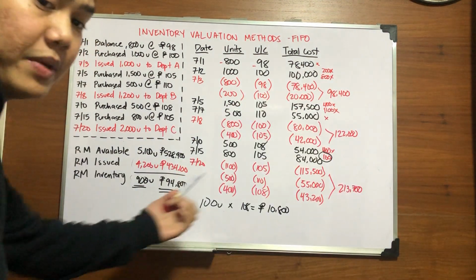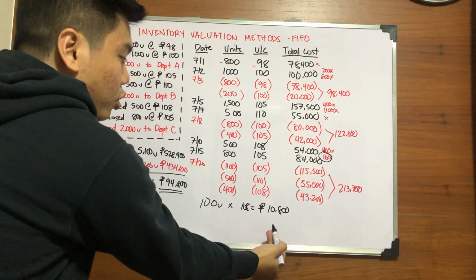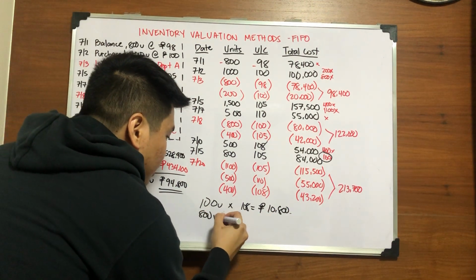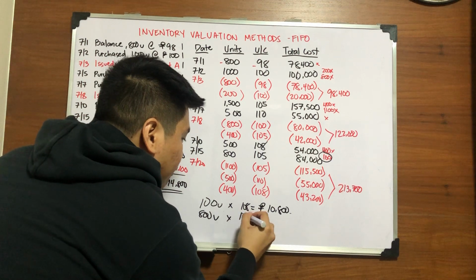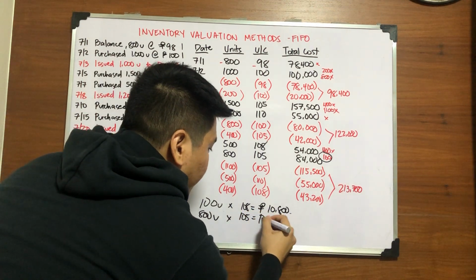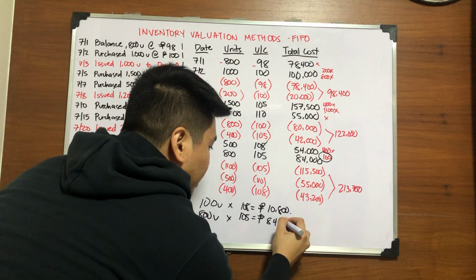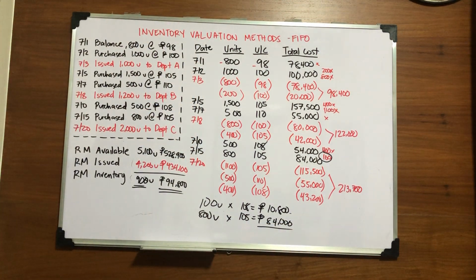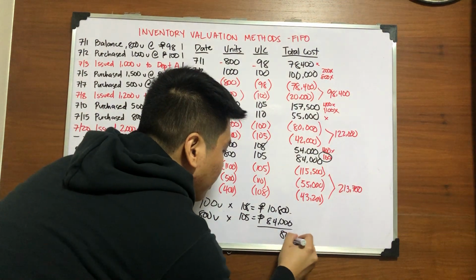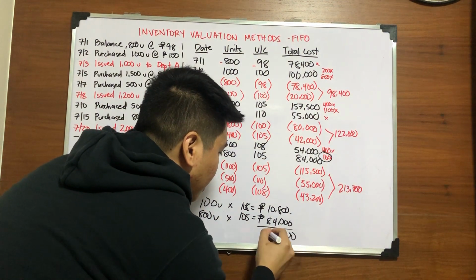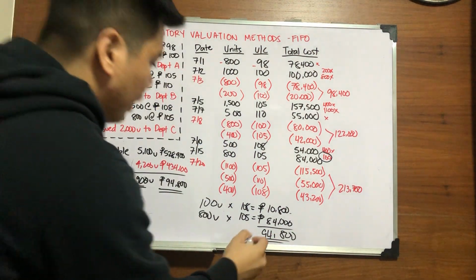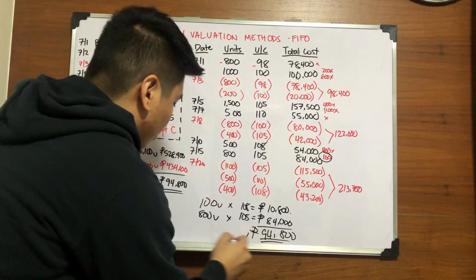So you just have to copy it and add this to your remaining amount here. So we have 800 units times 105, that would yield 84,000 pesos. Okay, so sum this up. This would be 94,800, which is also equal to this.